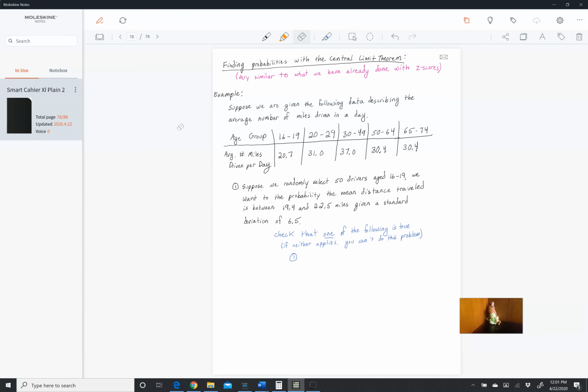So 1, the data is normally distributed, or 2, n is greater than or equal to 30. As long as one of these is true, you're okay. How do we know whether or not it's normally distributed? The problem will say this.